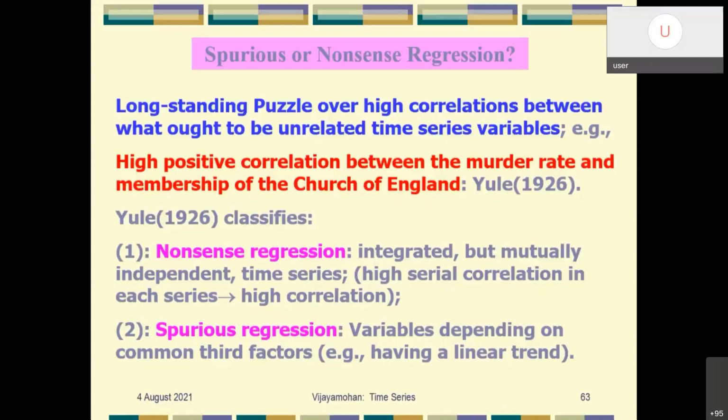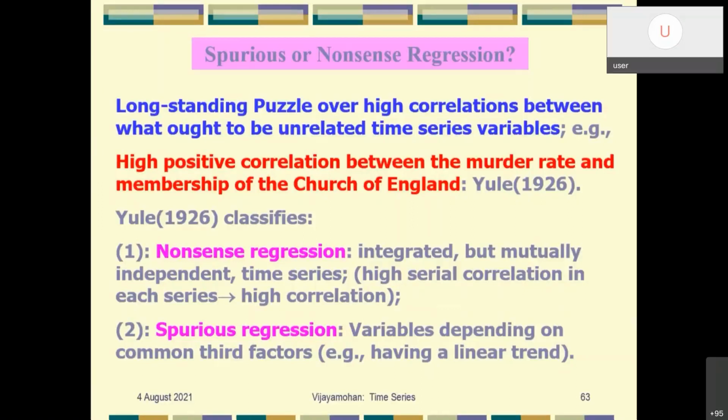Nonsense regression is the one that we get from integrated but mutually independent time series. That is, we have high serial correlation in each series, very high correlation. The spurious regression we get with variables depending on a common third factor, such as a linear trend.